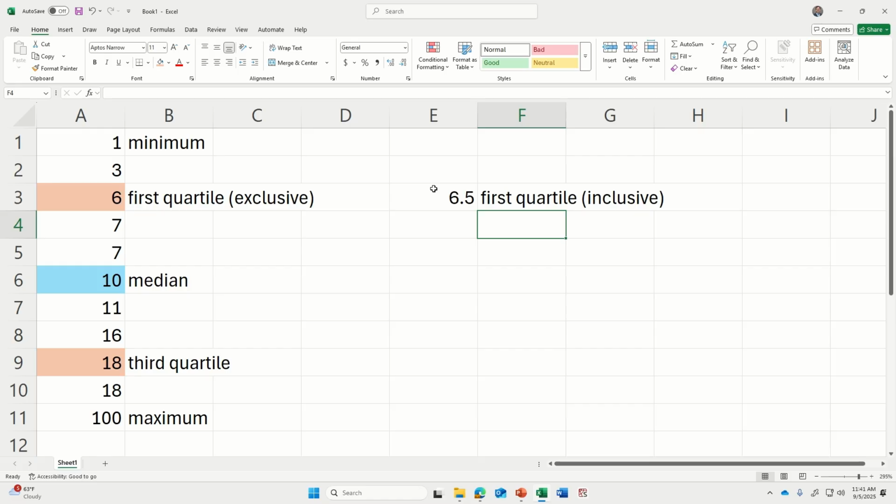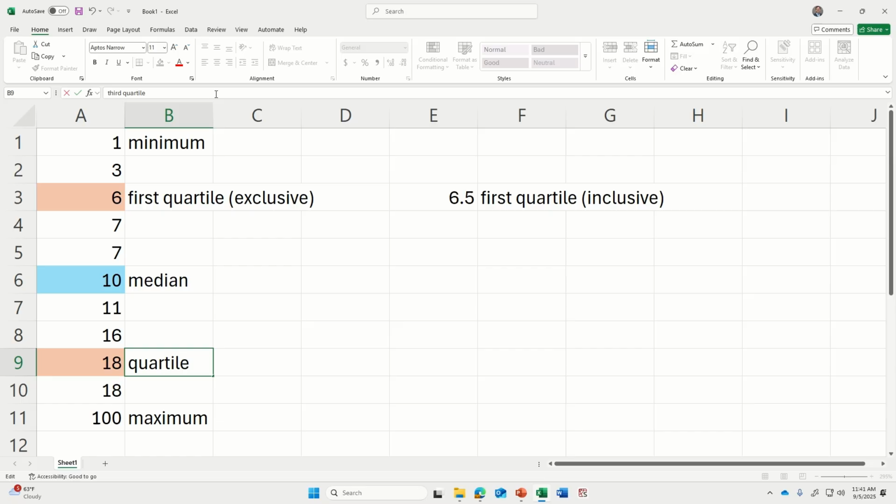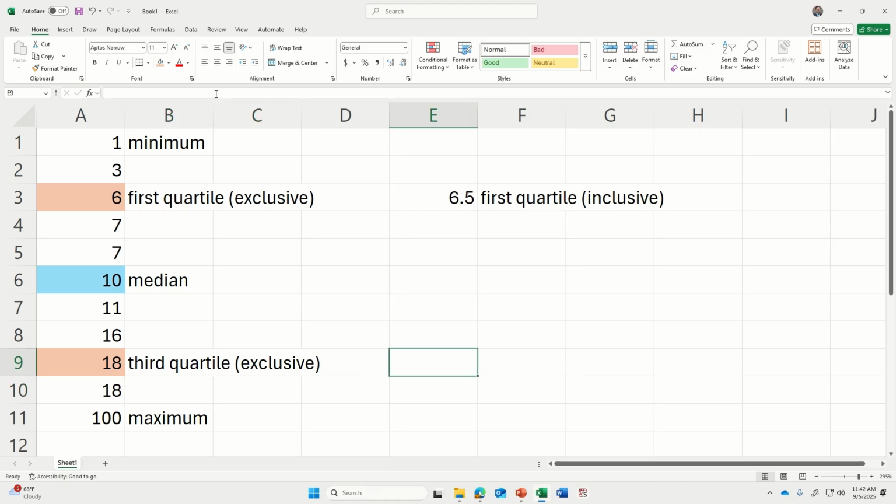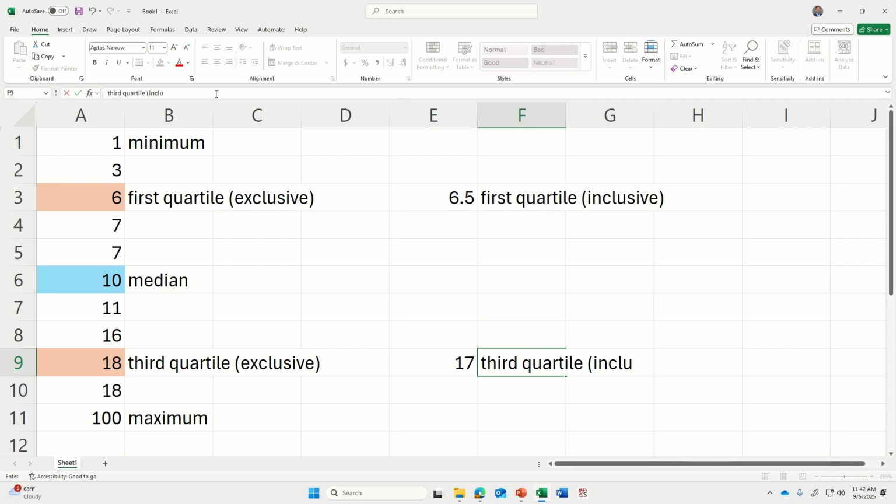So the inclusive quartile is going to be a little bit larger for the first quartile. And once again, this would be an example of third quartile exclusive, because I'm excluding the median. But if I want the third quartile inclusive, it would be 17. Do you see why?